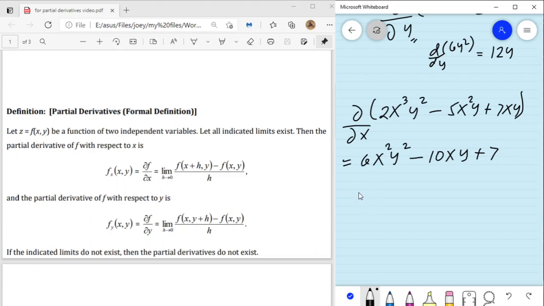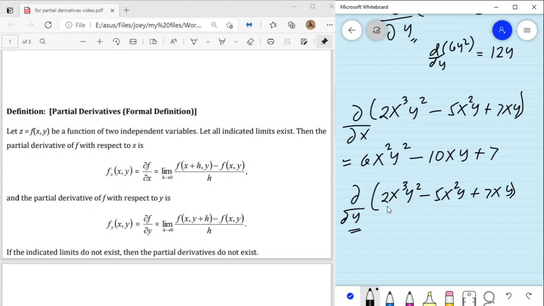But if we derive this same expression, 2x cubed y squared minus 5x squared y plus 7xy, with respect to y, then all the x terms will be held constant.